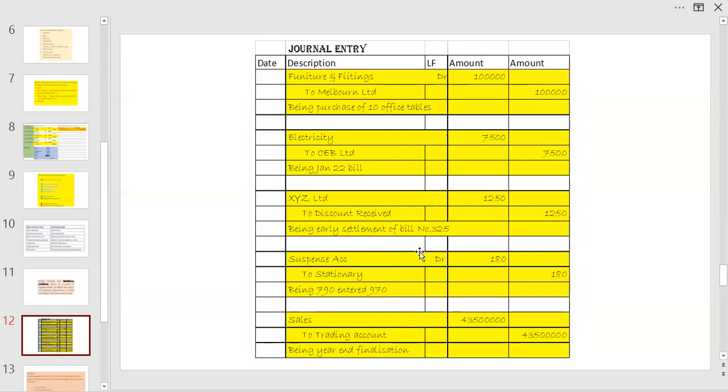This will be an adjustment to the creditor's account. Next one, a suspense account, a correction to the trial balance to adjust the difference. Fifth one is about closing up of all revenue accounts at the year end and opening up new accounts in the new year.